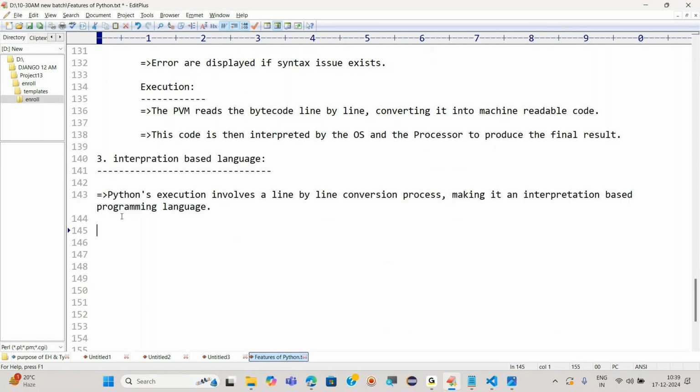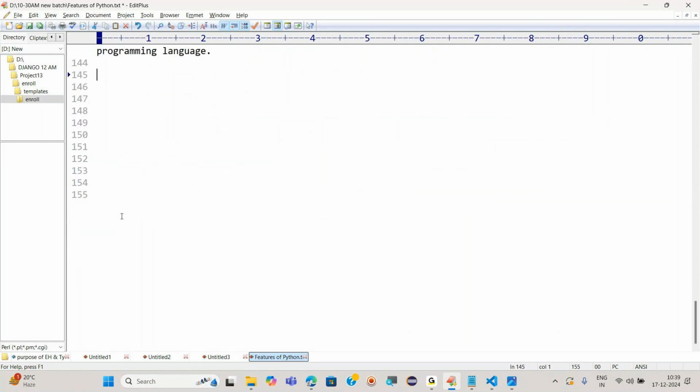Yes. Starting from you, tell me what is the process of interpretation. How does it work? What syntax error, program execution?